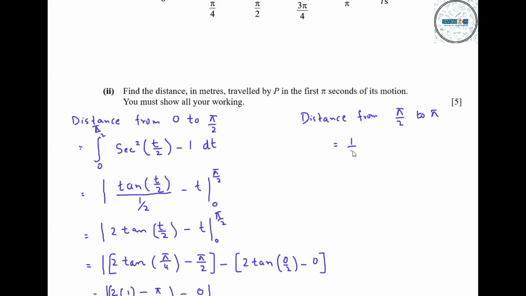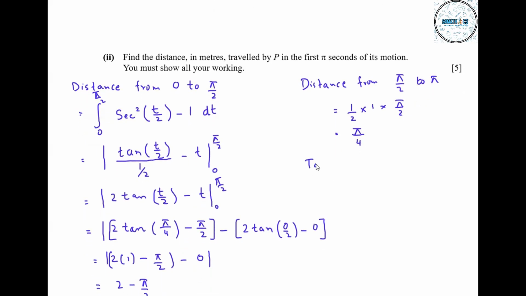So half into 1 into pi upon 2, which is pi upon 4. So the total distance is equal to 2 minus pi upon 2 plus pi upon 4, which is equal to 2 minus pi upon 4.